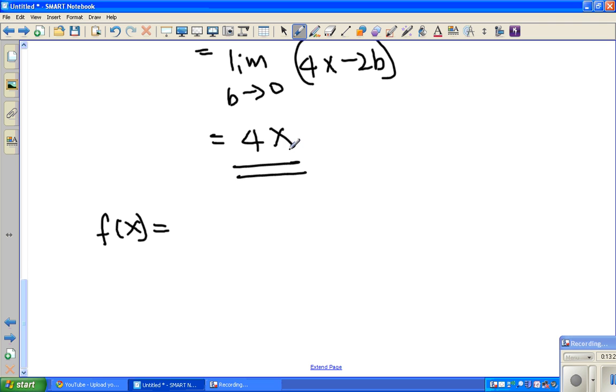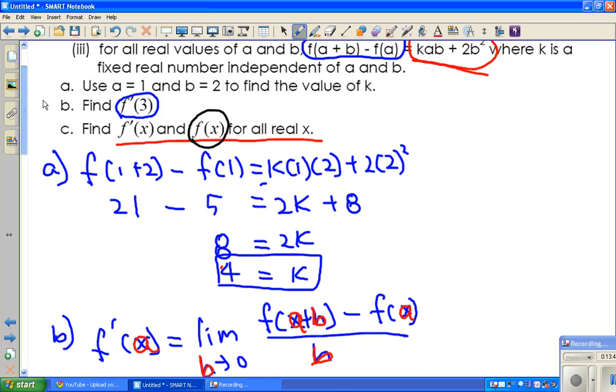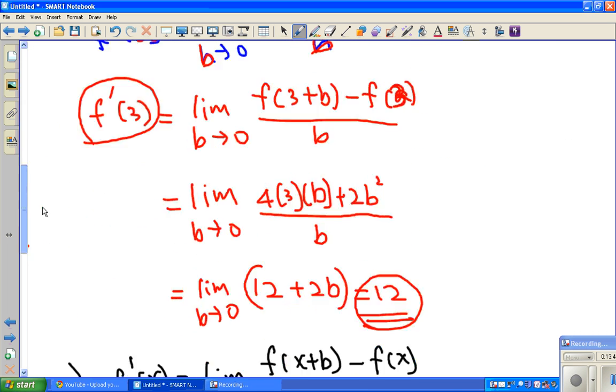Now the fact that you got 4x as its derivative, the original function must have been something like 2x squared, right? But we don't know about the constant. There could have been some number in the last spot, which might have canceled out to be 0. In order for us to find that, all we have to do is plug in one value right here, maybe 1 comma 5.